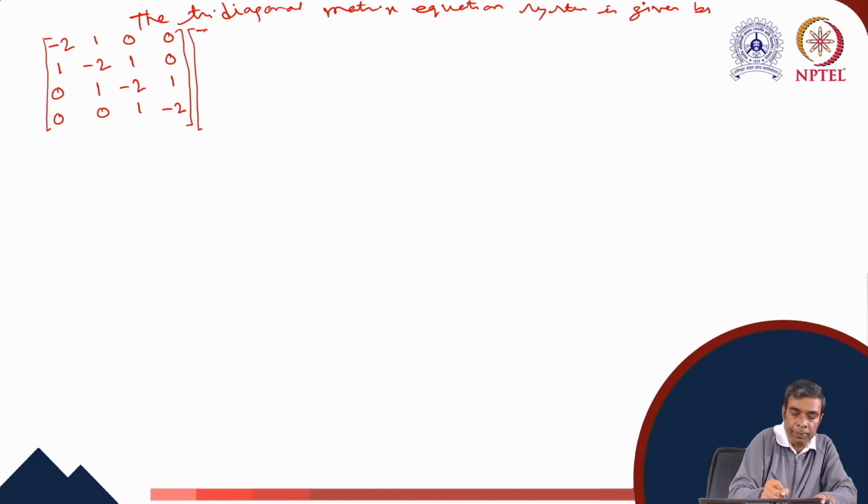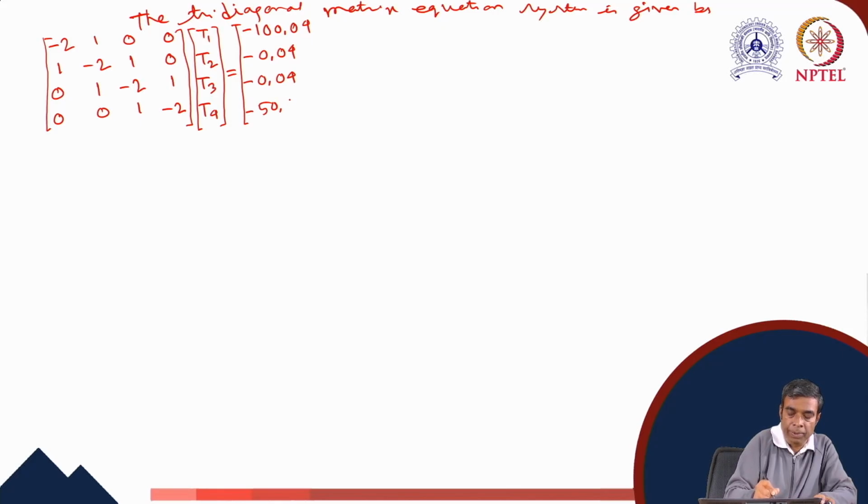Here we have T1, T2, T3, T4. The known load vector is -100.04, -0.04, -0.04, and -50.04.